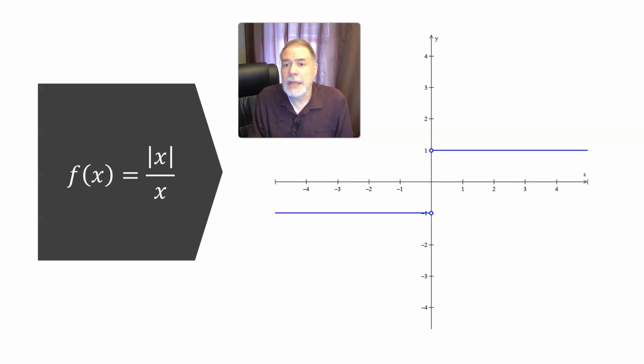On the other hand, if x is a negative number, even a little tiny bit less than 0, then the absolute value of x is positive. And so the absolute value of x and x itself are opposites of one another. One's positive, one's negative, and when you divide, you get -1. So we have different things happening on different sides of where x is 0.